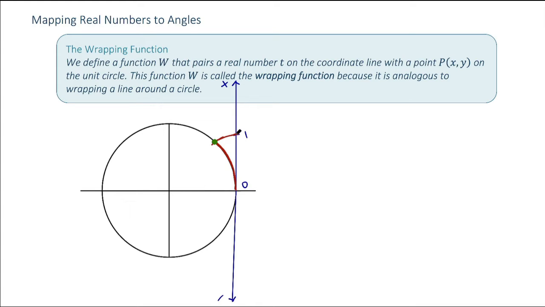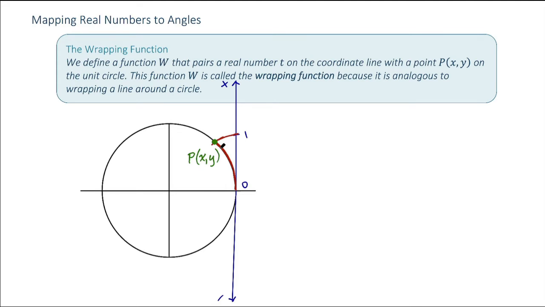And that point we're calling P, the point (x, y). So the wrapping function, which we call W, takes a number and sends it onto a point on the unit circle.